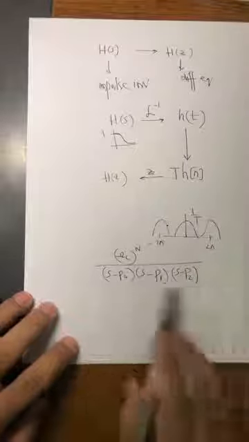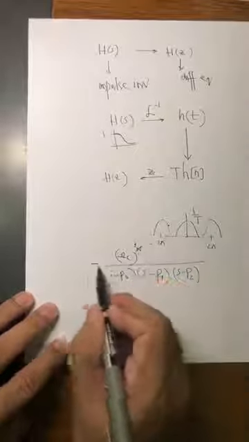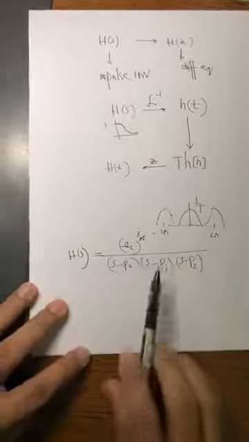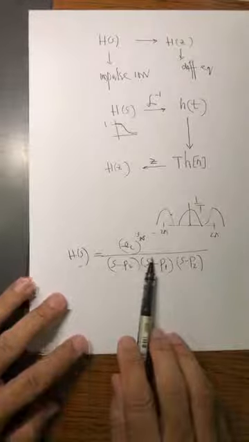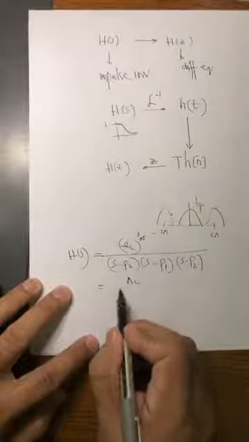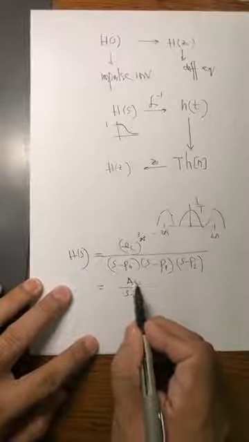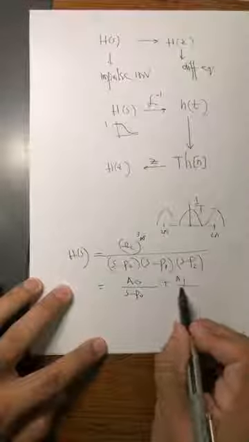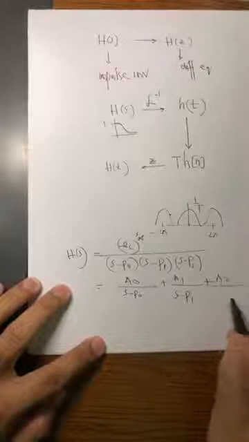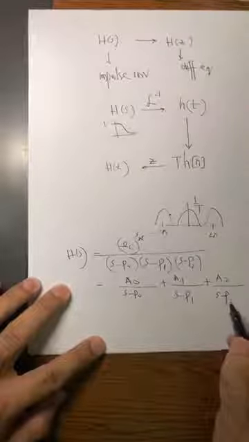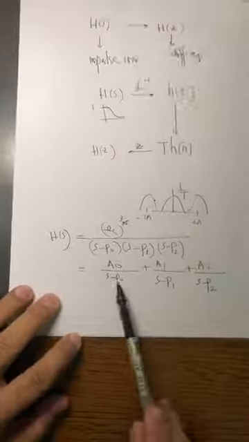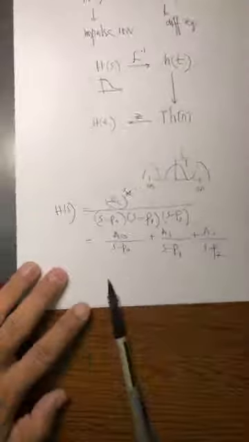Actually, there are three of these. So this is your transfer function. First, you convert it into partial fractions. You know how to make partial fractions.